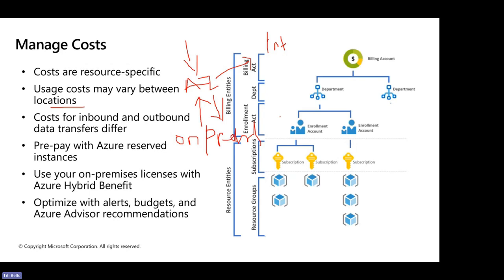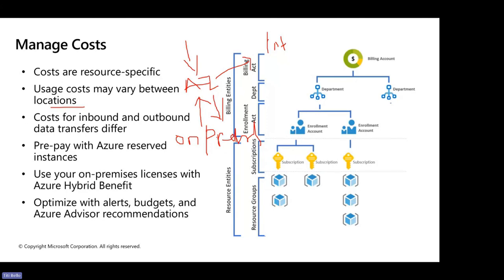But if you are a standard customer, a CSP, you can also lock down the price of a virtual machine. Whatever you pay now is what you continue to pay at every renewal, because you have locked down the price of that virtual machine. And you can also use what we call hybrid benefit to reduce your Azure costs.